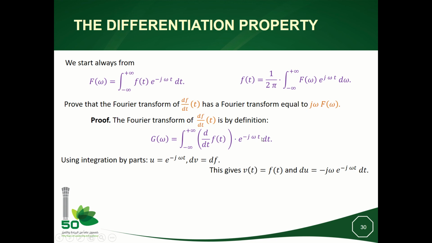Now, using integration by parts, if I define u to be exponential minus j omega t and dv equal to df, this implies that v equals f and du will be minus j omega exponential minus j omega t dt. Applying the integration by parts rule, we will get this part plus j omega, the Fourier transform of f(t). Okay.